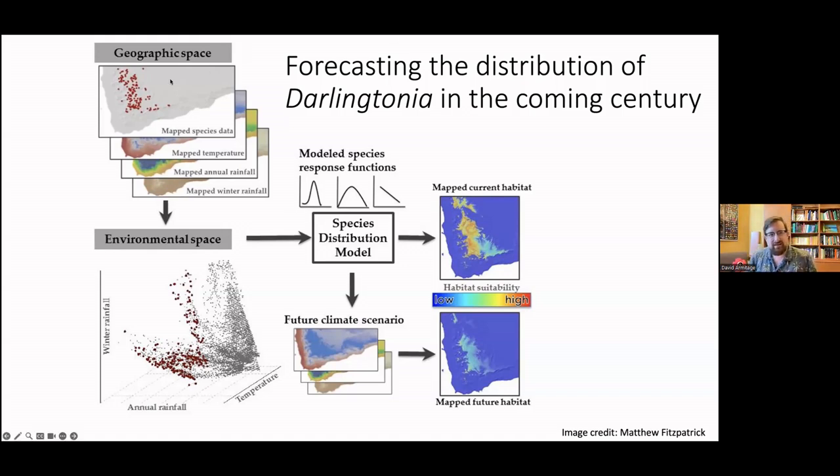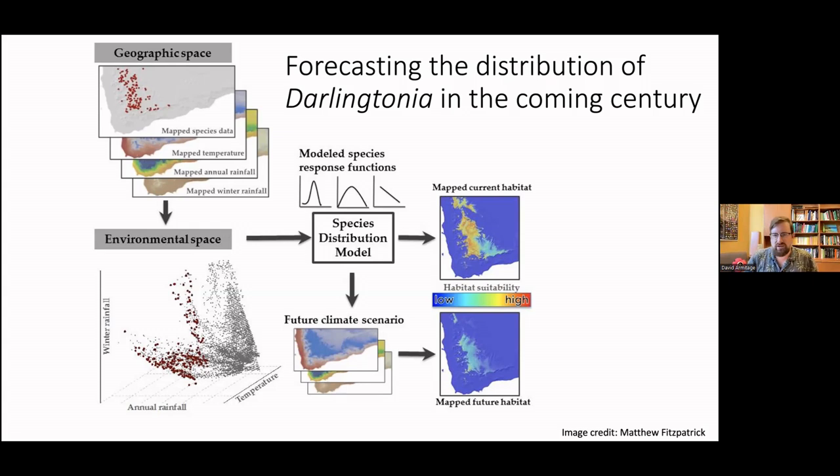The idea here is that we can take our occurrences of any plant species, let's say this is Darlingtonia, and create statistical habitat suitability models using information about soil characteristics, climate characteristics, human population densities and things, to then create models that first show our current suitable habitats for Darlingtonia, as well as then project these forward through future climate scenarios, and ask, where is the distribution of our particular species projected to shift, shrink, grow, et cetera, maybe 100 years from now, given some emissions model.